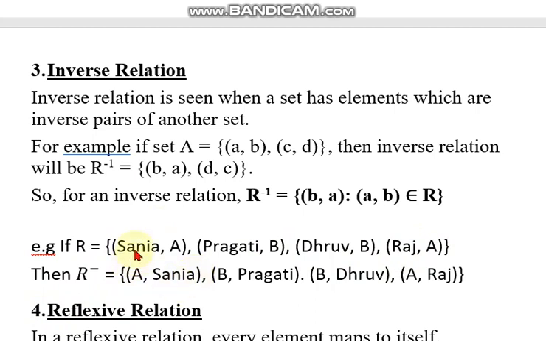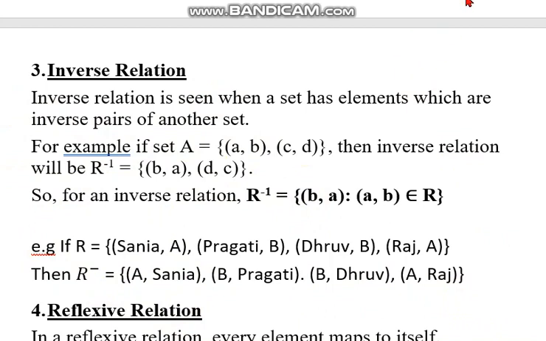Here first we are defining the group, whether they are from group A or group B. So we'll write here A, then Sanya, then B Pragati, B Dhruv and A Raj. I hope you understood this. Okay, this is called inverse relation.